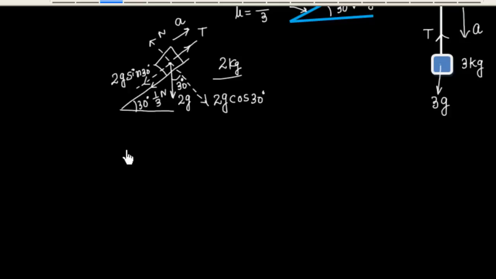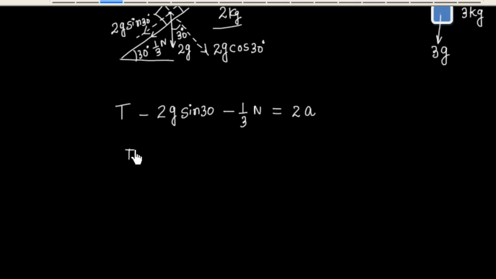So first, in this direction the force is T. Minus, in this direction we have to take negative, 2g sin 30. And we have the friction force also, opposite, so 1 by 3 into n, equals mass into acceleration. The mass is 2 and the acceleration is a.